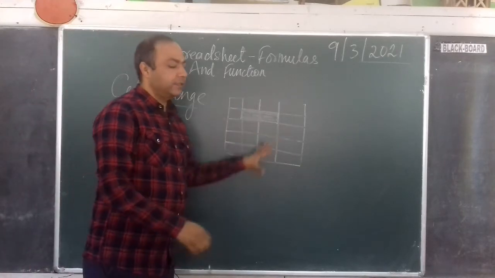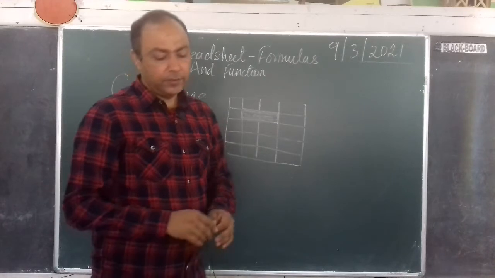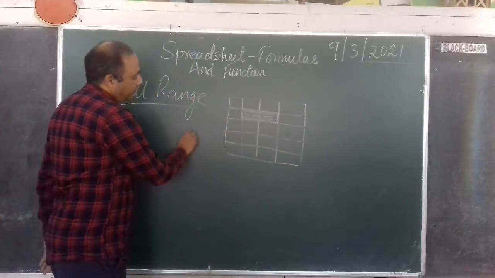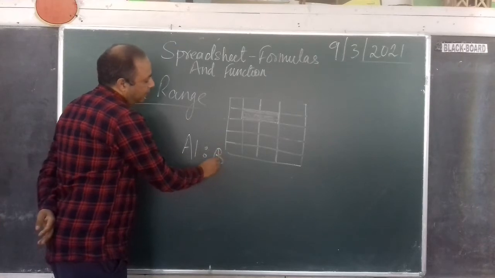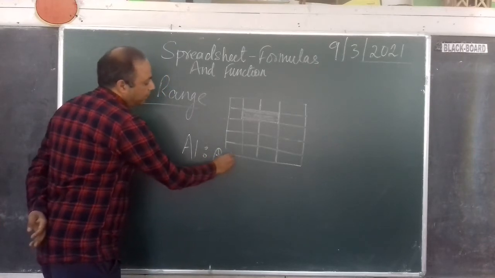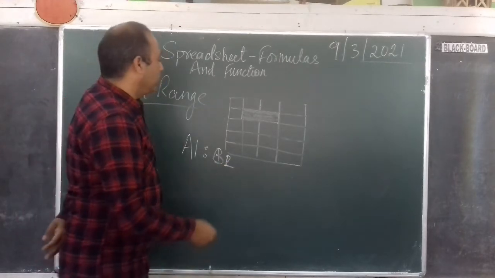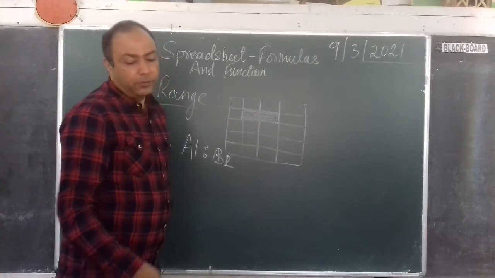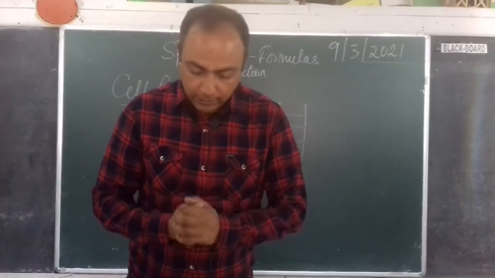If I take this rectangular block, this is called a cell range, the range of cells. It can be denoted with the help of the address A1 to B1, so here to here, or A1 to B2. This way we can represent it. The range of cells which we are using is called the cell range.